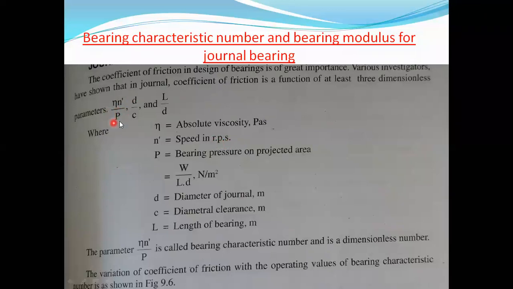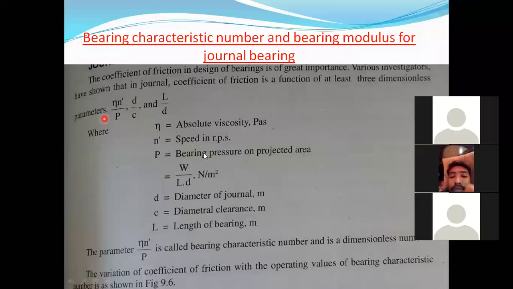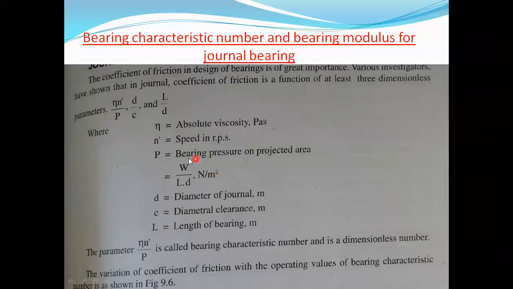P is the bearing pressure on projected area, and P can be calculated using the formula W divided by L into D, where W is the load, L is the length of the bearing, and D is the diameter of the journal. C is the diametrical clearance.